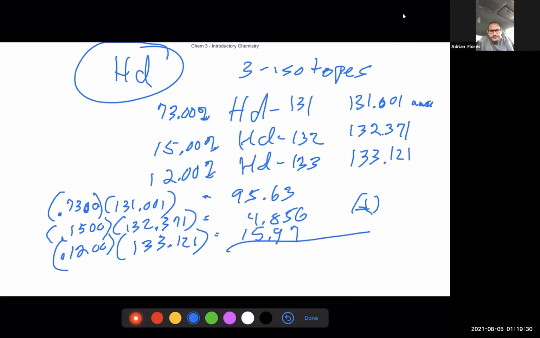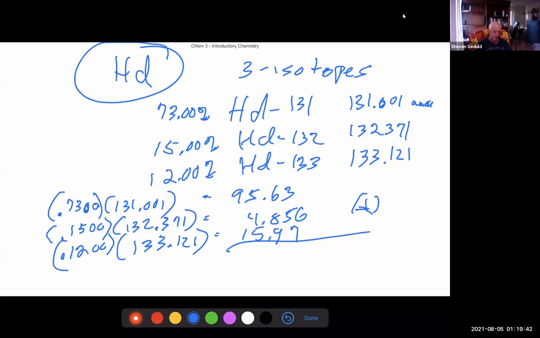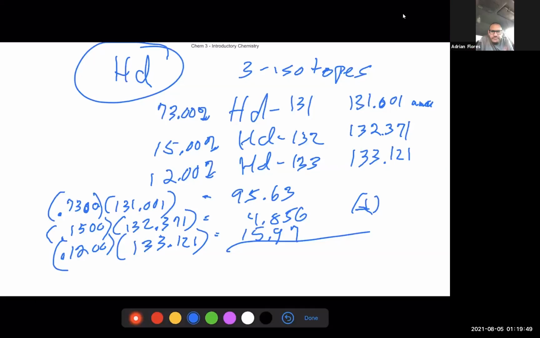Each one of those sections weighs that much by their percentage. So you take 95.63 and add that to 19.856 and 15.97, and those add up to 116.